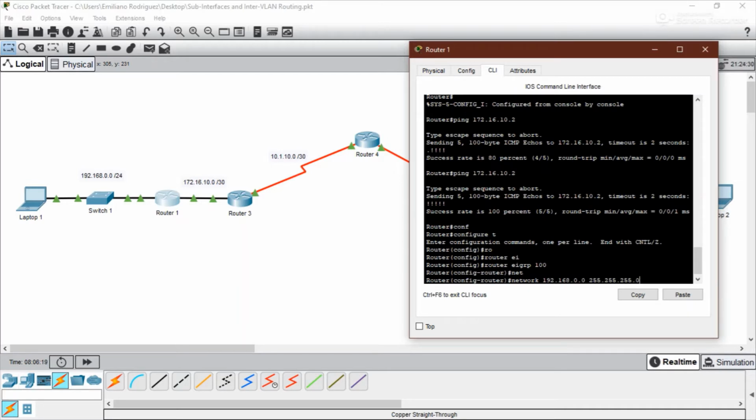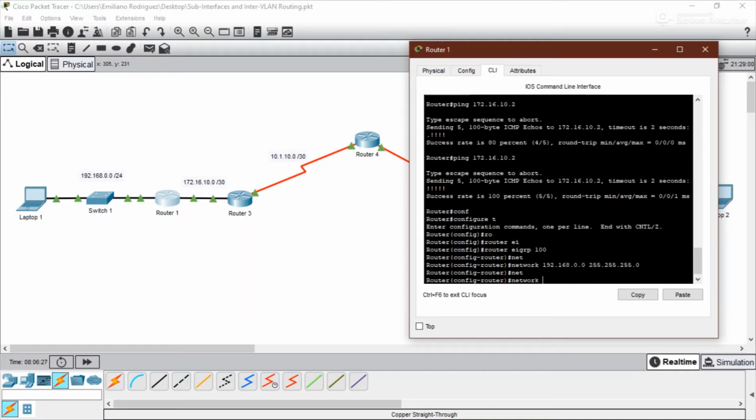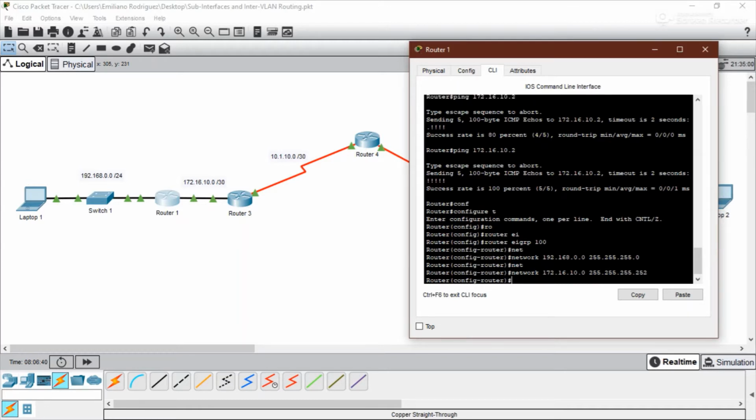This will advertise router 1's backside network. Network 172.16.10.0 255.255.255.252. This will build the adjacency to router 3.